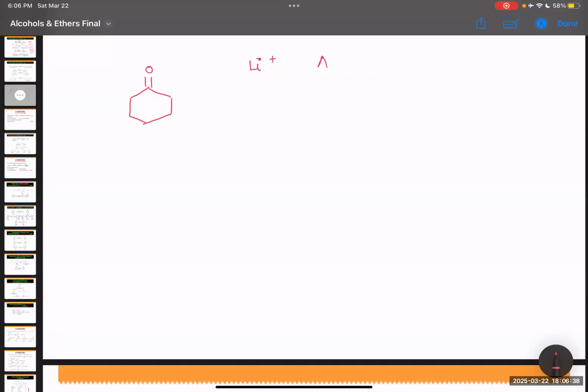Aluminium is actually trivalent. We know that. So aluminium should be AlH3, but you have one H minus extra. Got it? So this H minus is going to come and join itself to the carbon. How come we know that it is H minus?